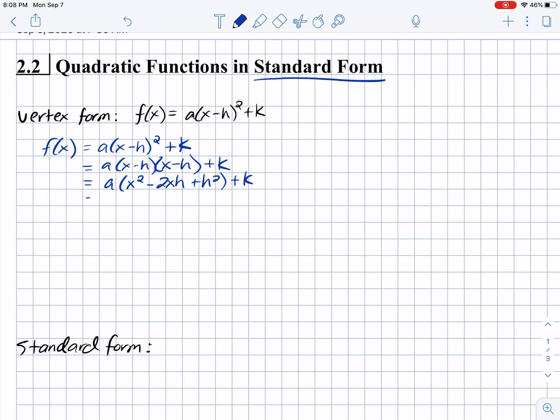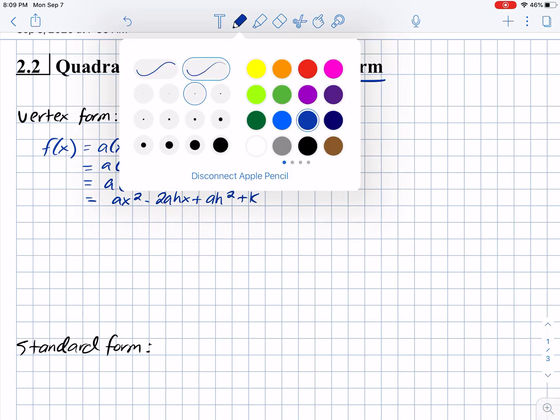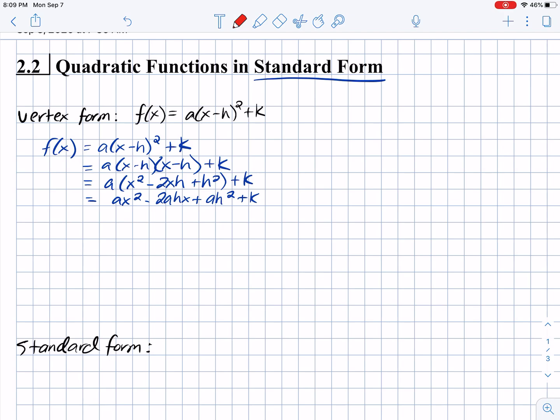Now we're going to distribute our a: ax squared minus 2ahx, a can go anywhere in there, plus ah squared plus k. And then what I like to do is just put a set of parentheses around the a, our minus 2ah, and then this ah squared plus k.